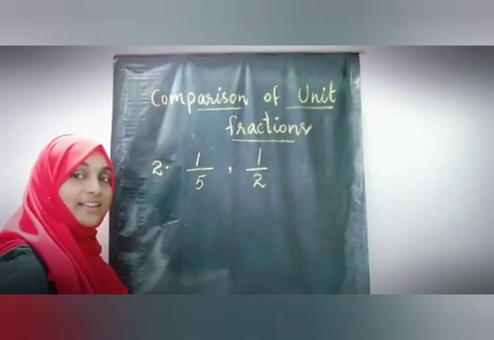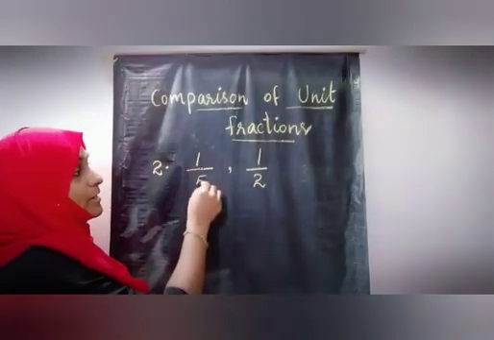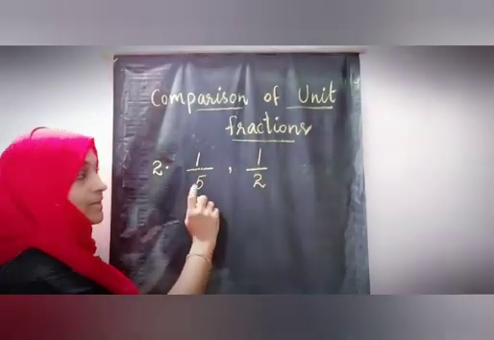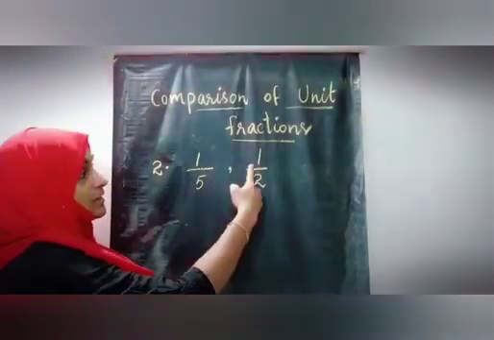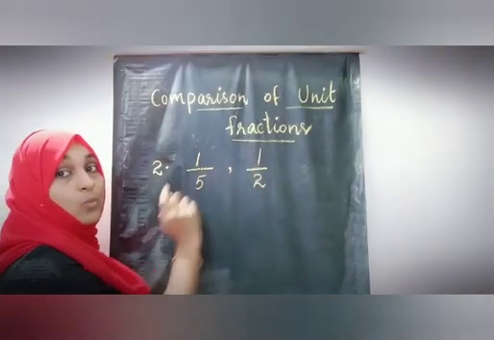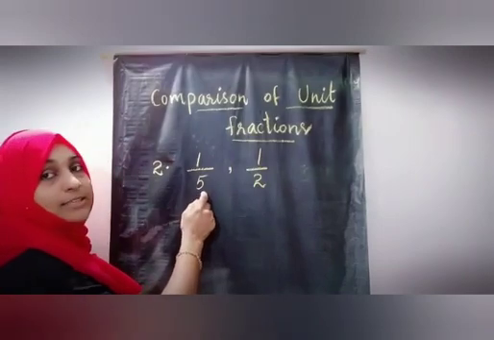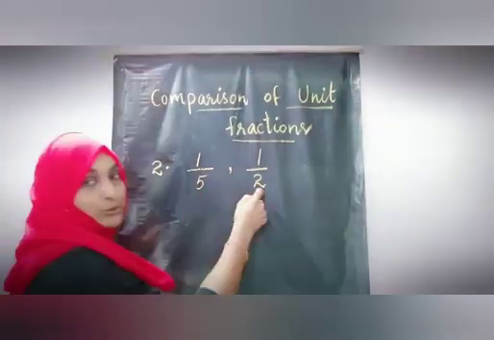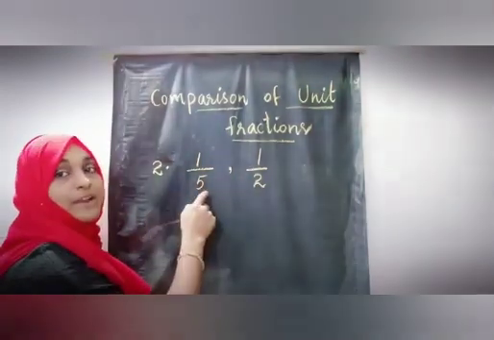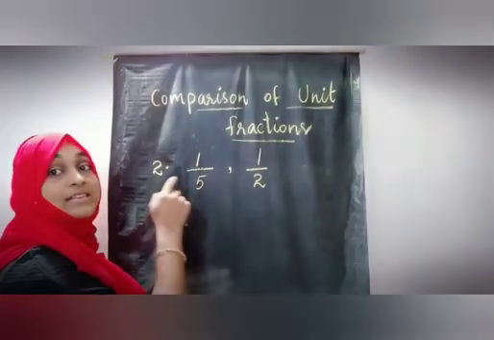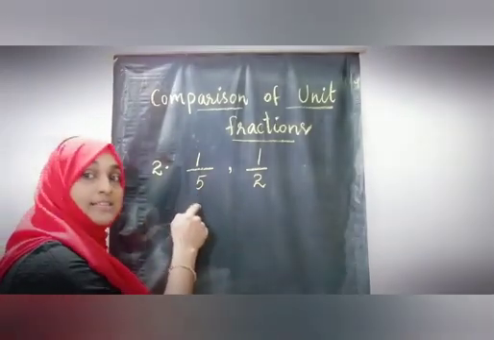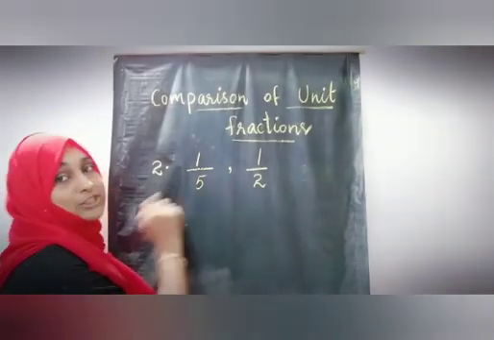Let us see another example. 1 by 5 and 1 by 2. These are unit fractions with the numerator 1. Then consider their denominators. Here the denominators are 5 and 2. The fraction having the greatest denominator is the smallest fraction.